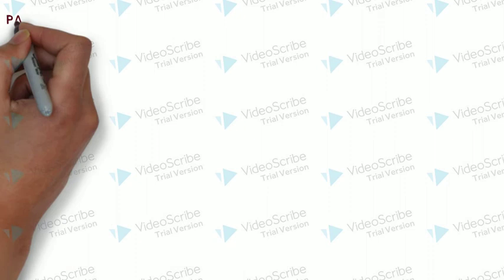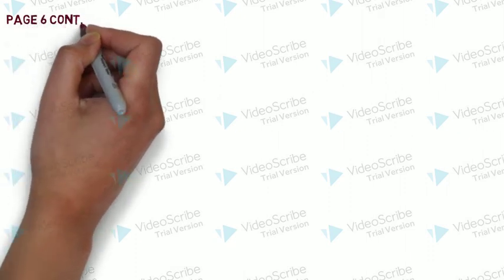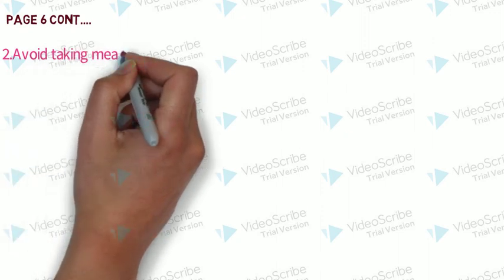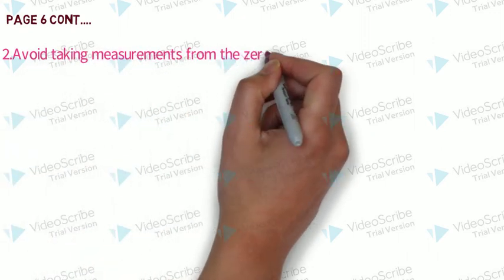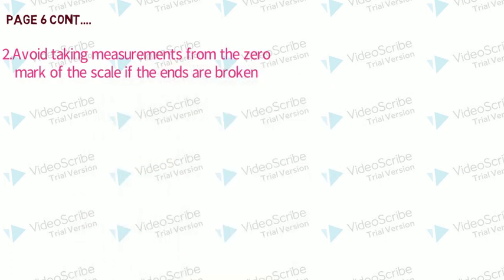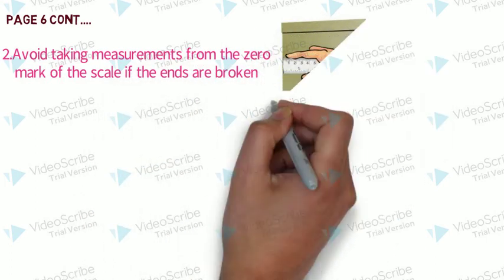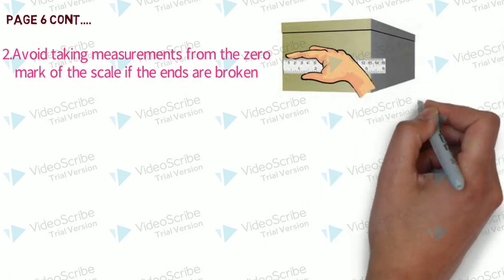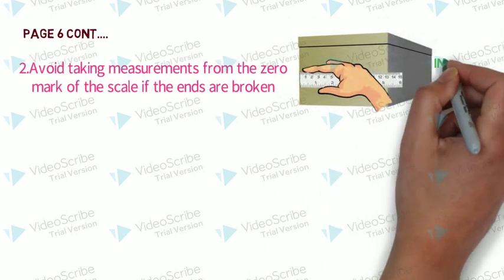The second point, avoid taking measurements from the zero mark of the scale if the ends are broken, which means many a time the scale ends will be broken, right? In such cases, avoid taking measurements from the zero mark, as that will provide you an incorrect reading.